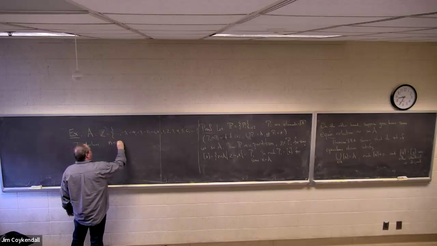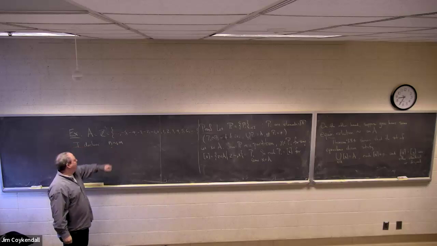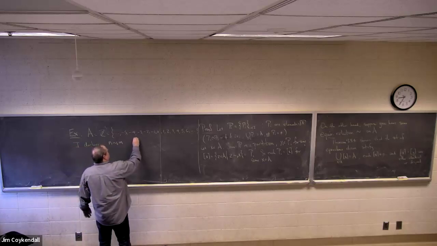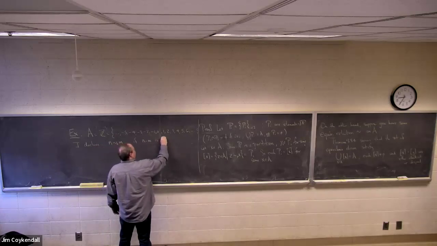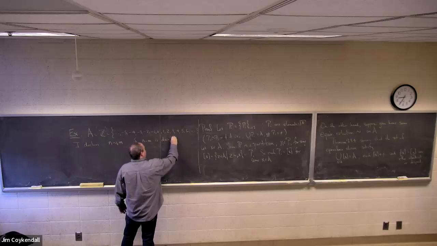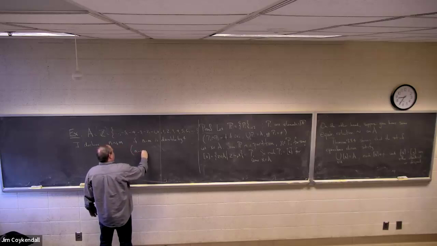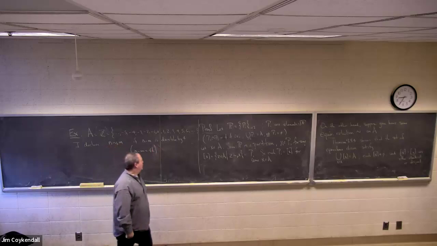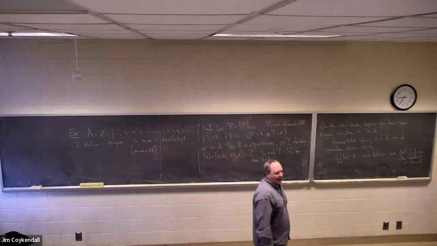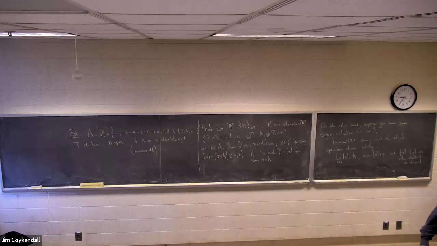I'm going to call this relation related 4. Let me talk you through this part. I'm going to declare that two integers are equivalent, related, if their difference is divisible by 4.